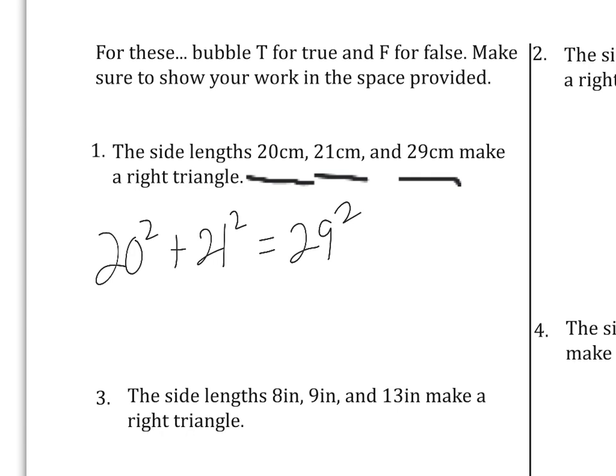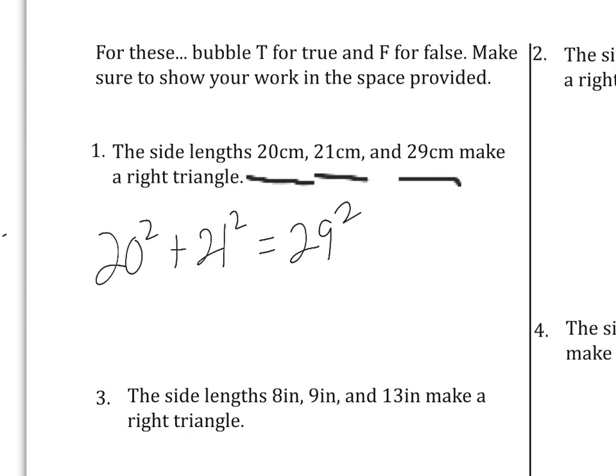And again, it doesn't really matter which way I have 20 and 21, and what order they're in. What matters is that I've got the longest side, in this case 29, as c squared. So I do this out.